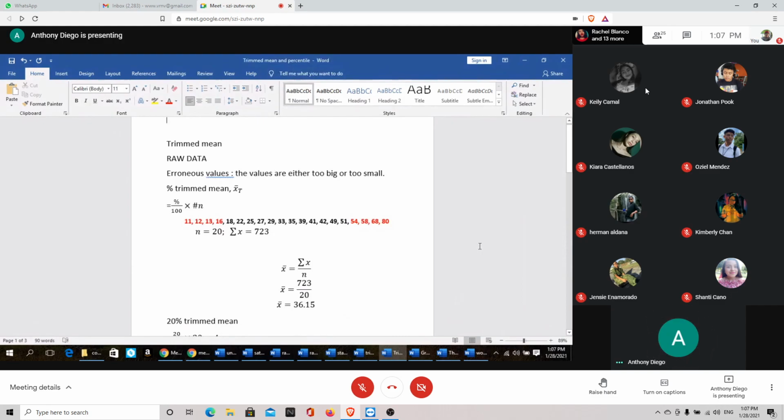Okay. First of all, you need to know what is trimmed mean. When you go to a barber and they trim you, what are they doing? Cutting.